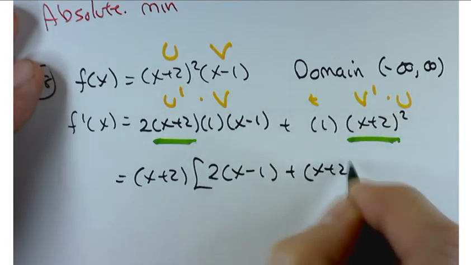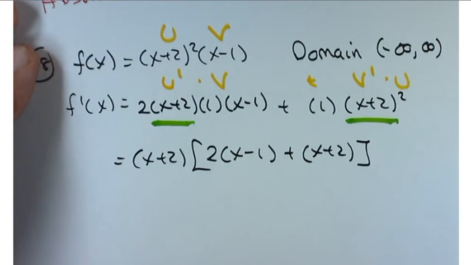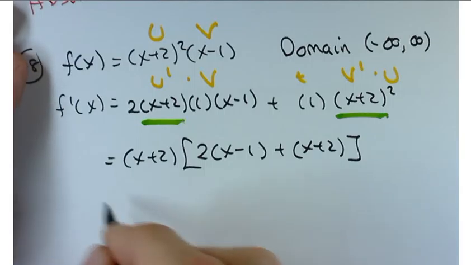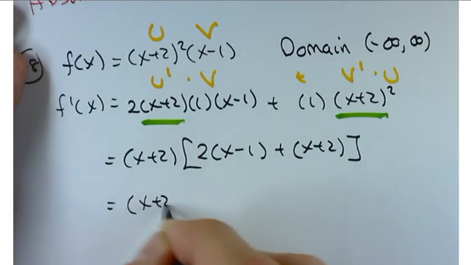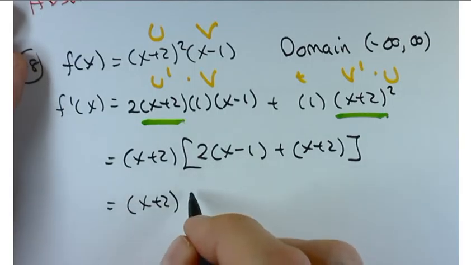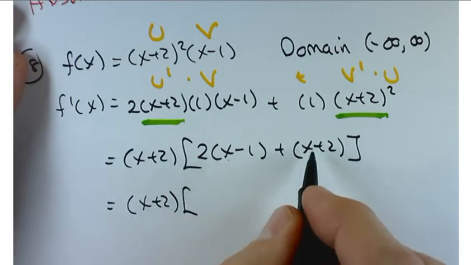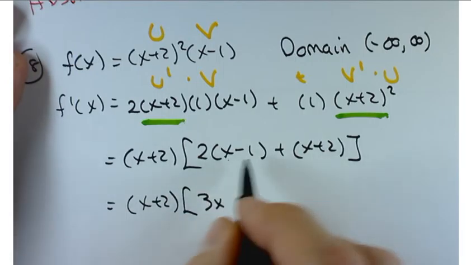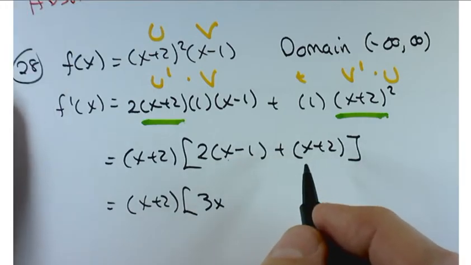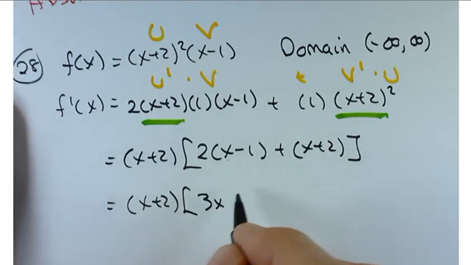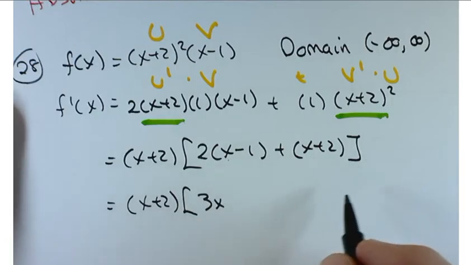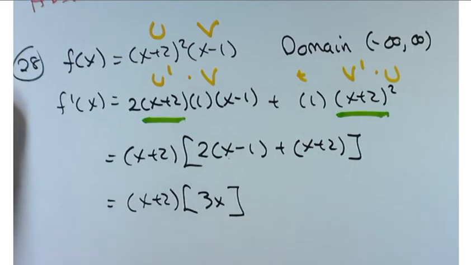If I distribute the 2, I get 2x, plus x is 3x, minus 2 and plus 2. Oh, wow. What happens there? What's left here when I distribute? Just 3x. Maybe I should do that out. If you distribute this, you get 2x minus 2 plus x plus 2.